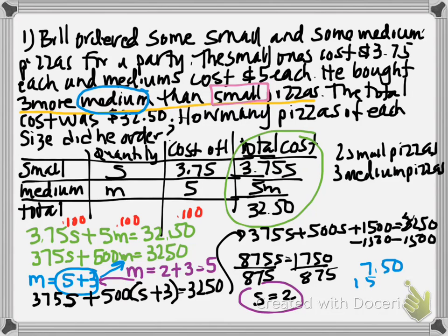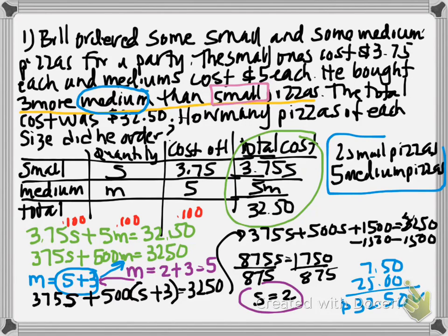It should be 5. Sorry about that. I solved it right, but I didn't write it correctly. So we had 5 mediums. So 5 times 5 would give me $25 for a grand total of $32.50, which matches what we're supposed to get.